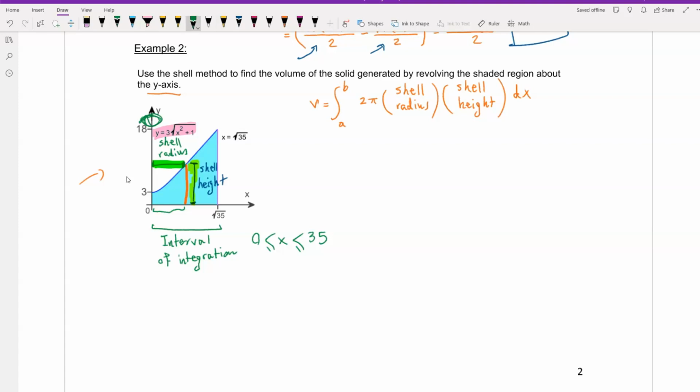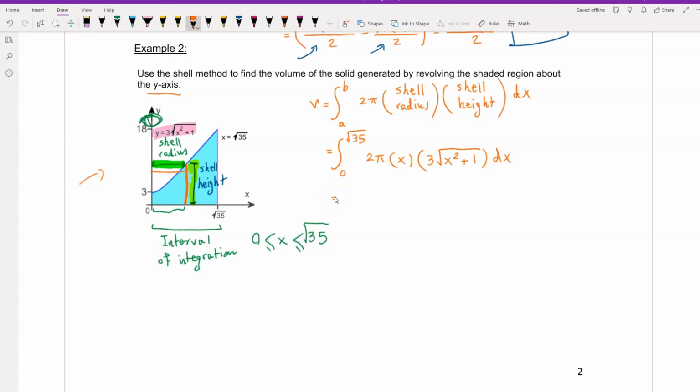Now finding the volume. So volume is equal to the integral from 0 to square root of 35, times 2 pi times the shell radius, which is x, times the shell height, which is y, and y is equal to 3 times the square root of x squared plus 1, times dx.